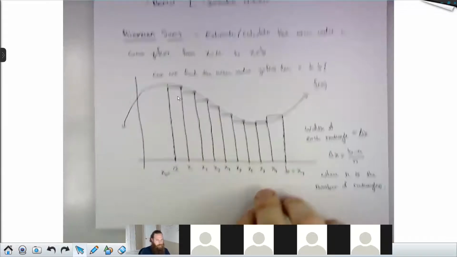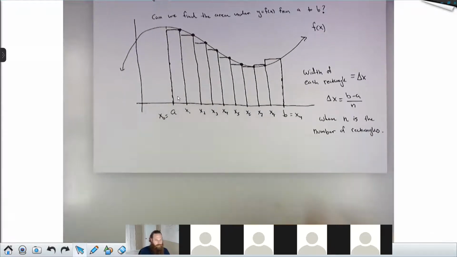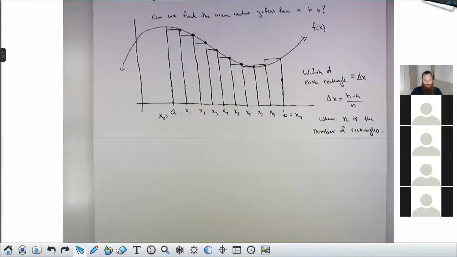I really do want an answer to this question, so please think about it. Oh, maybe I'm not seeing chat notifications. Yeah, okay. Very good. The y value on the graph right here is f of this.